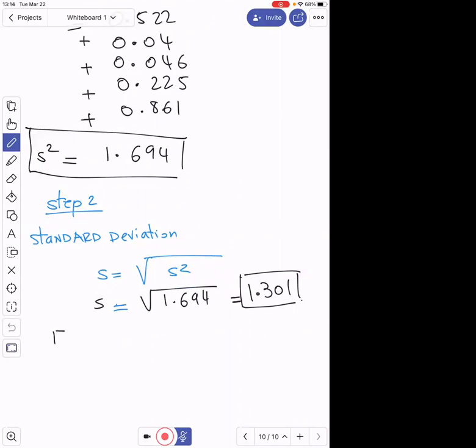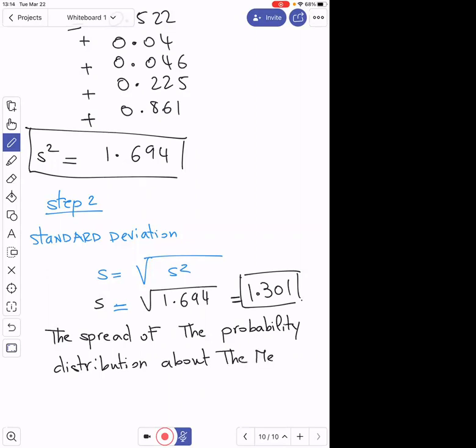What we are saying here is that the spread of the probability distribution about the mean is given by s, which is 1.301.